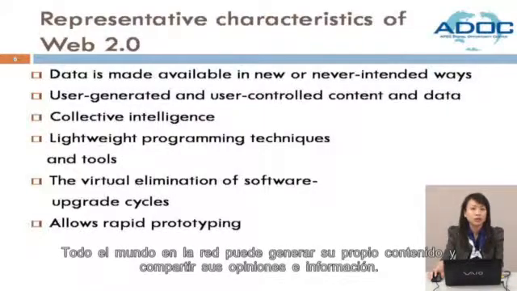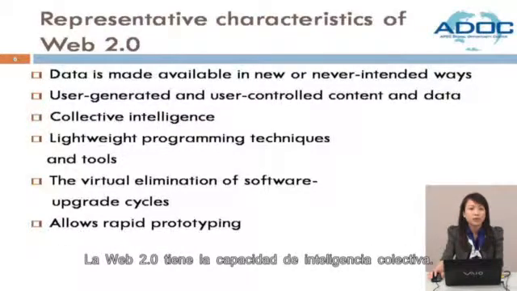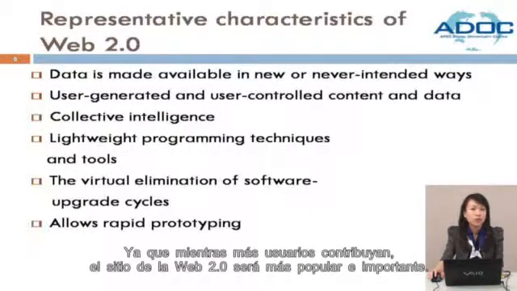Everyone on the web can generate content and share their opinions and data. Web 2.0 has the ability of collective intelligence. The more users contribute, the more popular and valuable a Web 2.0 site becomes.